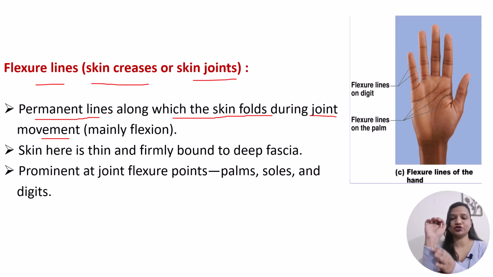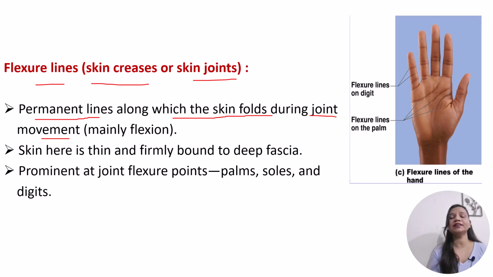This is the wrist joint, and during flexion of this joint, the skin folds here and the line appears here. These lines are called flexure lines, the lines that appear during the movement of the joint, especially during flexion.